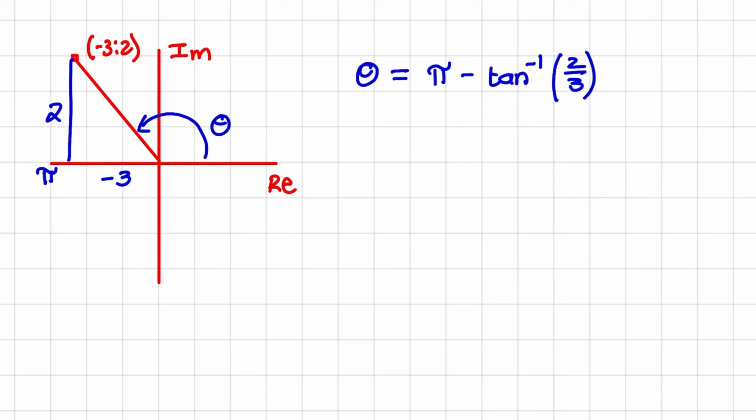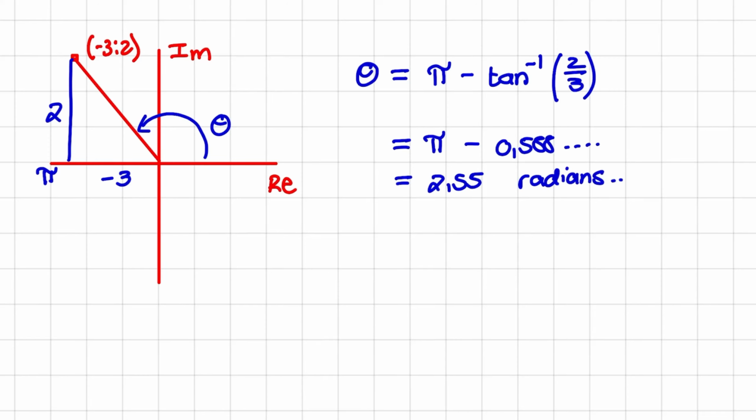Notice we're not concerned with the negative 3, but we will use the absolute values in order to find this reference angle. So if I have pi minus this reference angle, then I'll have the size of theta. So that is equal to pi minus 0.588 and so on. And when I simplify, I have 2.55 radians.